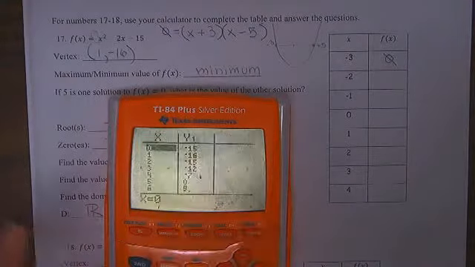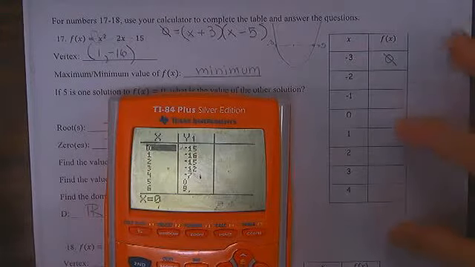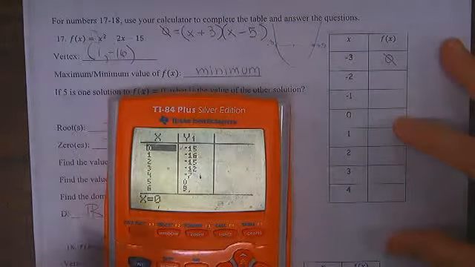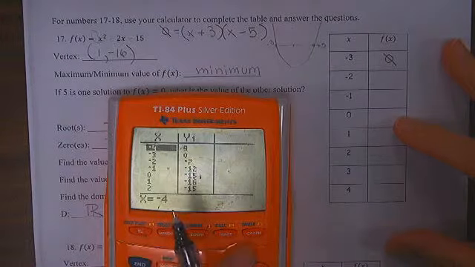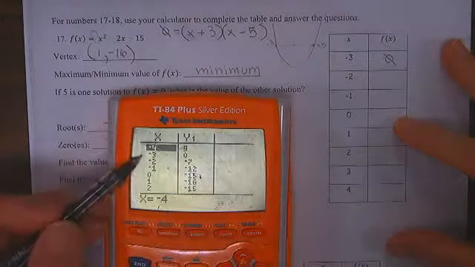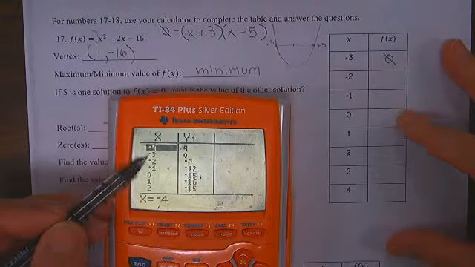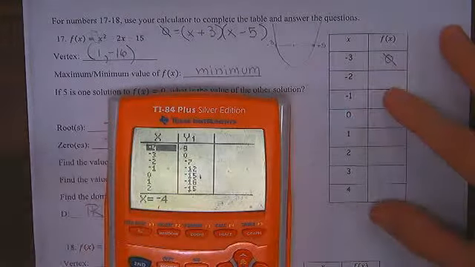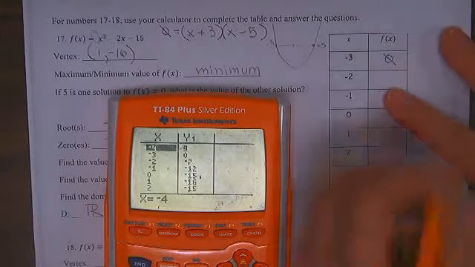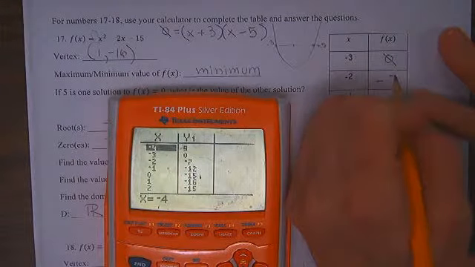Let's look at the table. When x is -3, f of x is 0. When x is -2, f of x is -7.